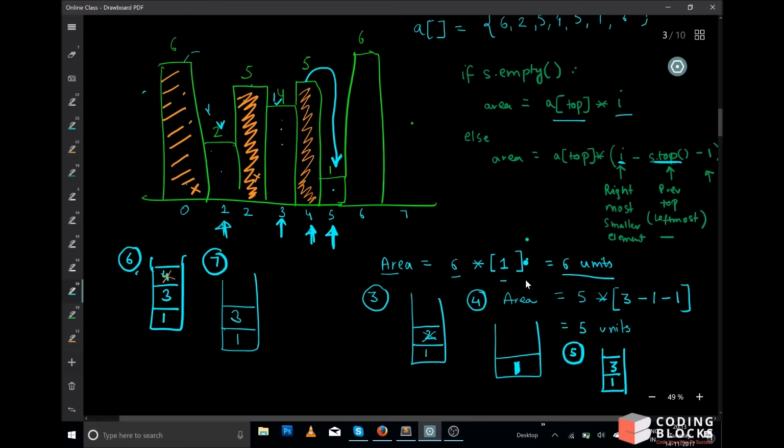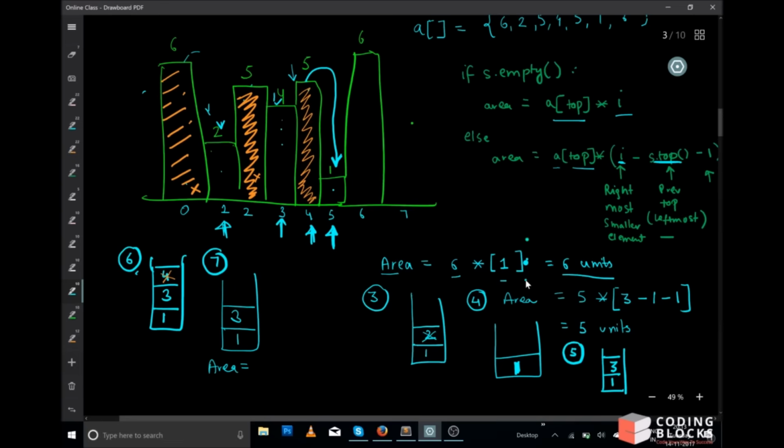And what is the area we are going to get? Let me write about the area: consider the current bar as the minimum height bar. So taking this bar as the minimum height bar, the area is going to be area of top, because this was the topmost bar here, right?